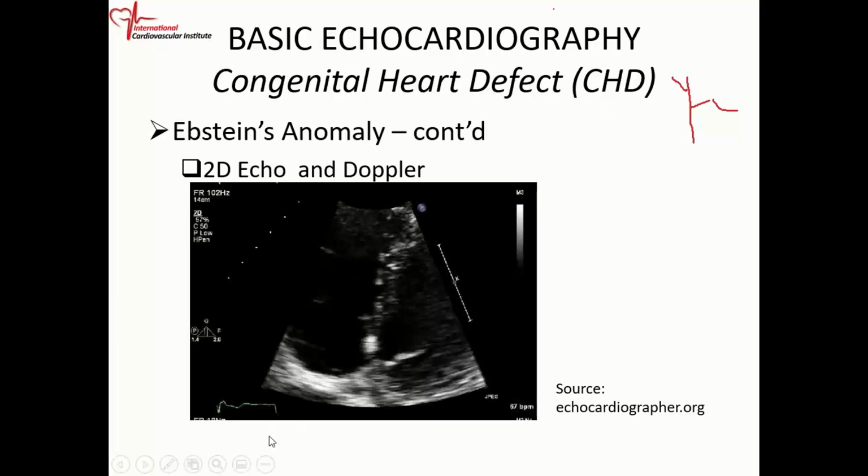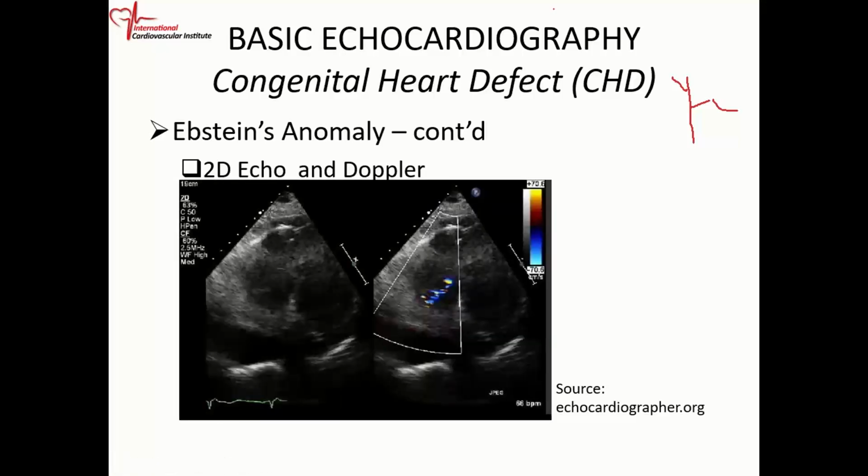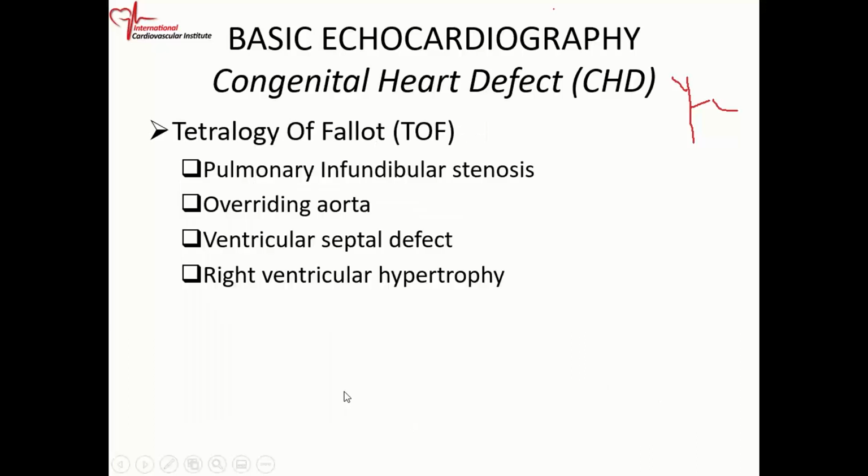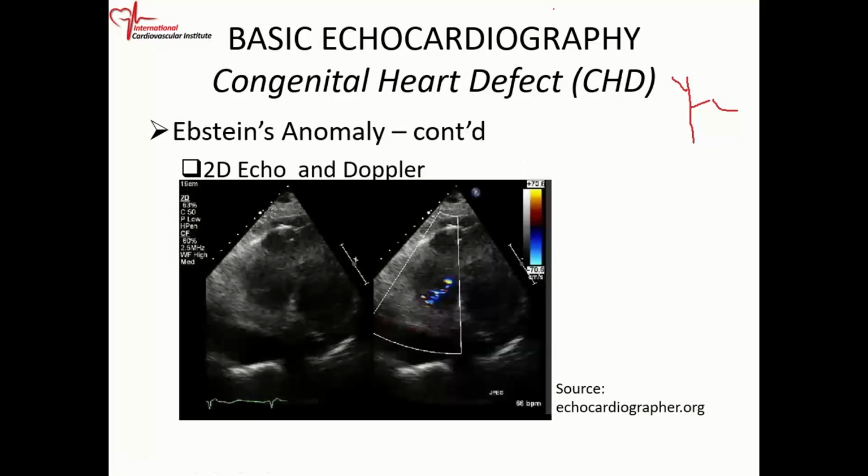All right, so again, we will look at actual examples of these. Okay, so this is not plain, but we'll look at the actual example. So this is Ebstein anomaly. We're going to look at tetralogy of Fallot. We're going to have a separate session, however, to look at cases of tetralogy of Fallot and repair TETs.